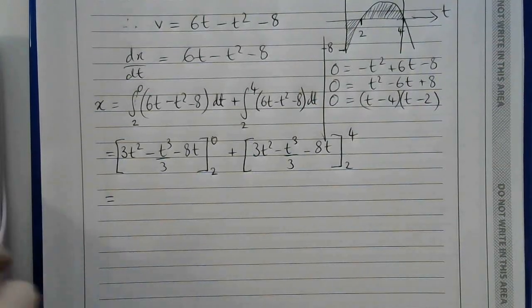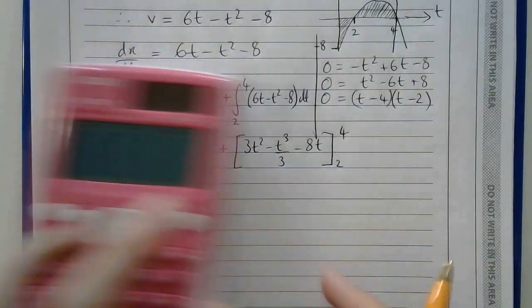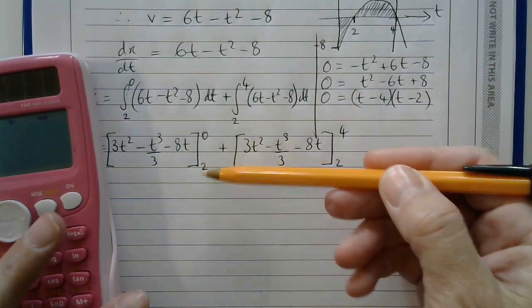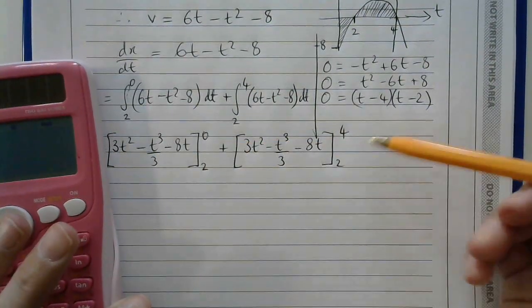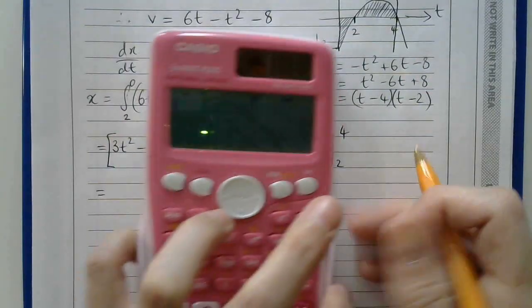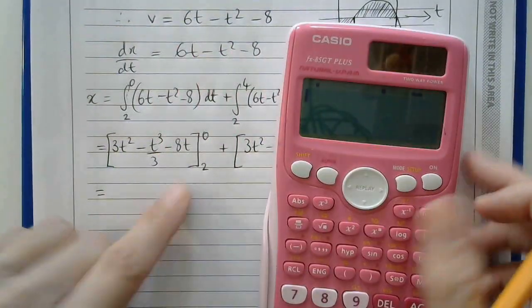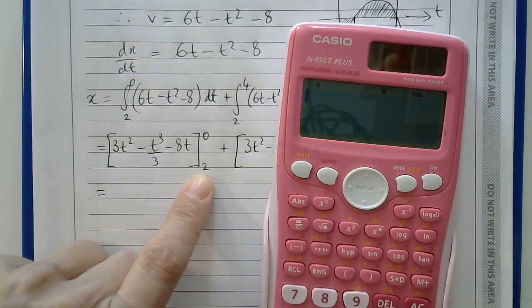As I'm going to have to put in 0, 2 and 4 into this expression, a good idea is to save whatever value I want to put in.